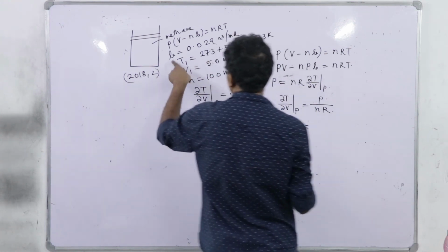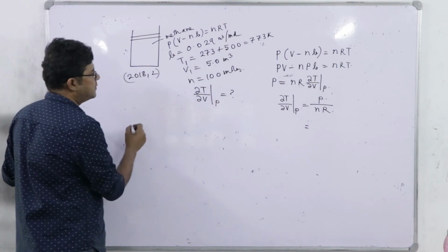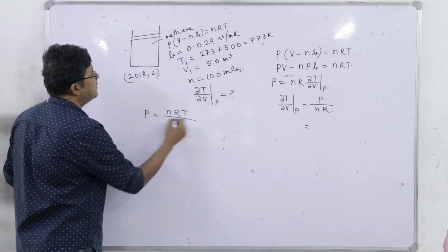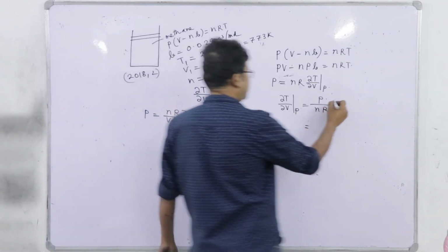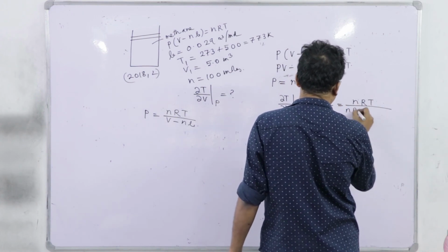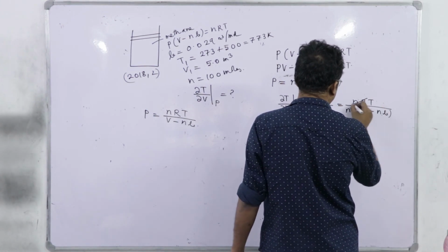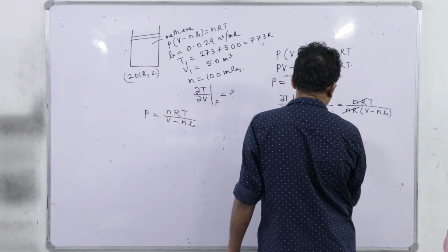So pressure is not given. So we have to use P is equal to nRT divided by (V minus nB). So P is equal to nRT, nR, V minus nB. So nR cancels out, T divided by V minus nB.